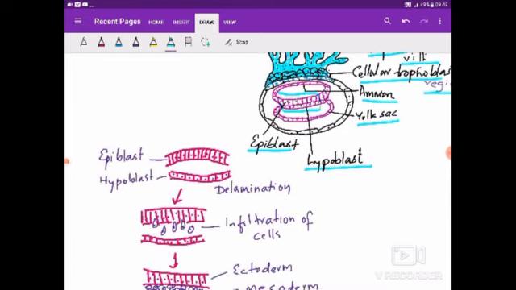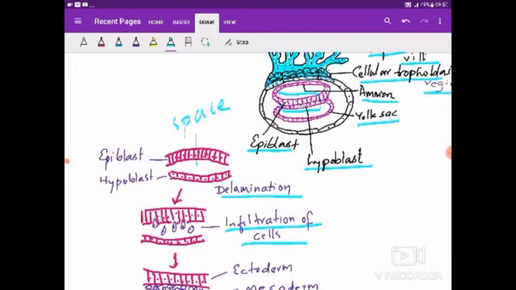Now this diagram shows you that delamination is taking place. The epiblast and hypoblast have separated with a space in between. Now in this space, the cells from the epiblast start infiltrating. They drop down from the layer of the epiblast cells. Some of the cells modify, become teardrop shaped, and drop down into the space, and that is called the ingression of the cells.